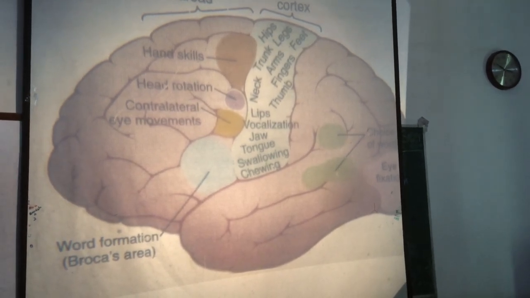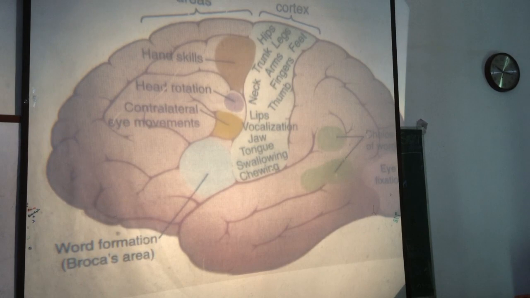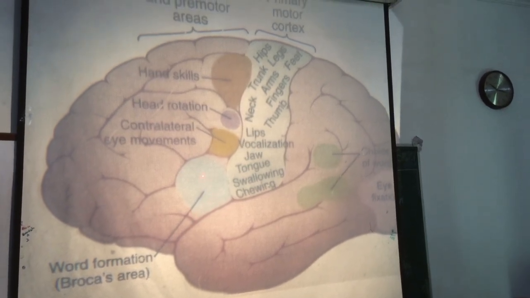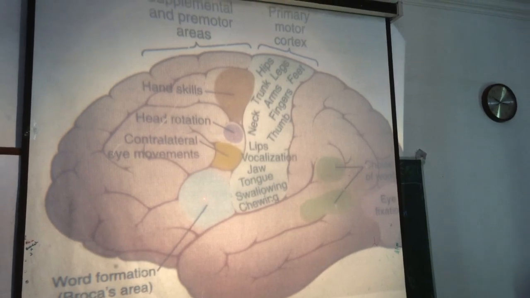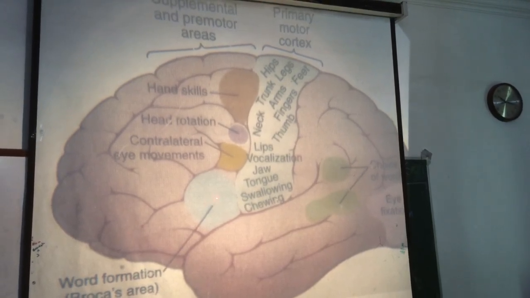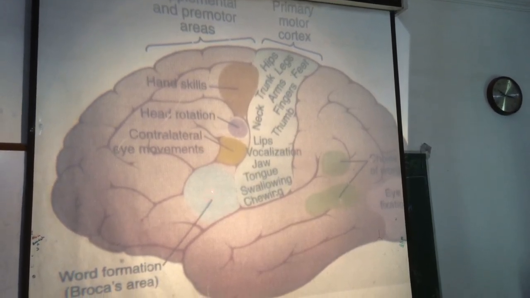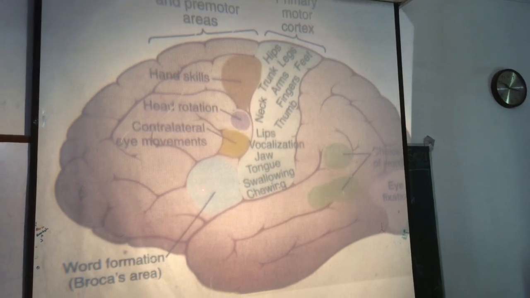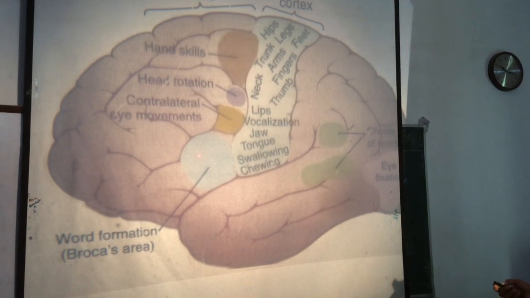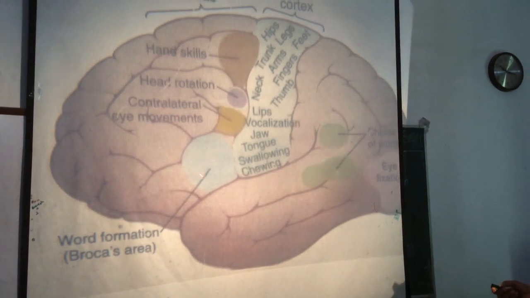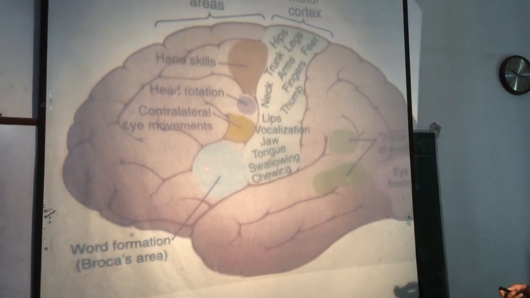It is located in the posterior portion of the inferior frontal gyrus. It is Brodmann's area 44.